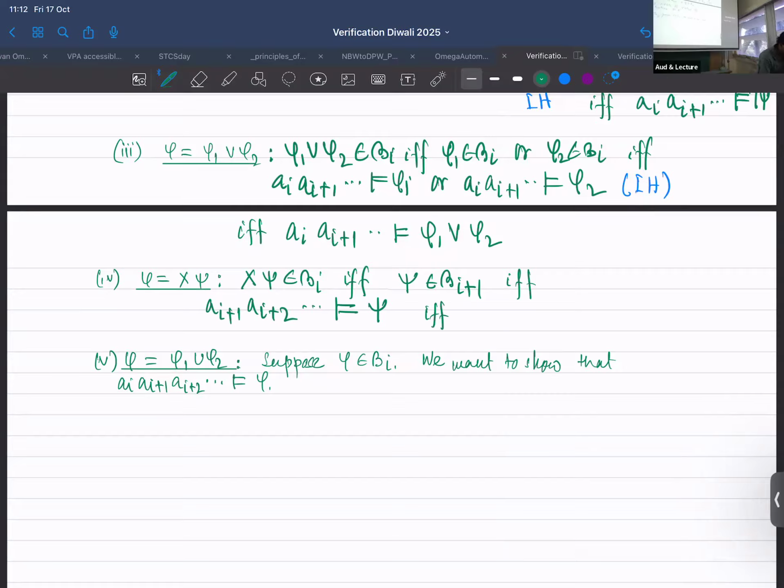And if and only if, just from the semantics of LTL, a_i satisfies x of psi.